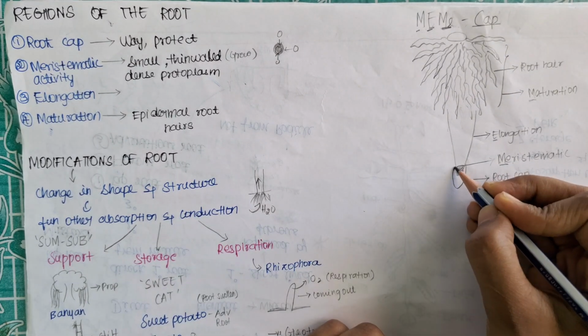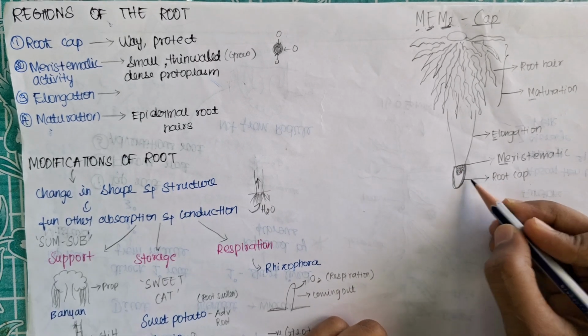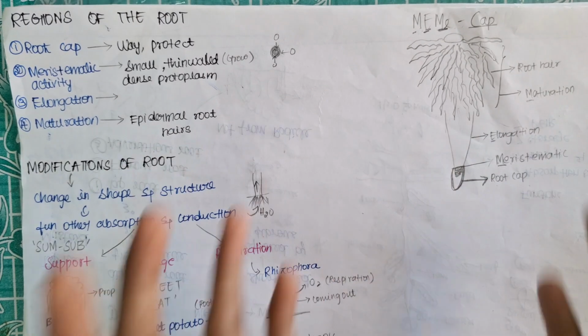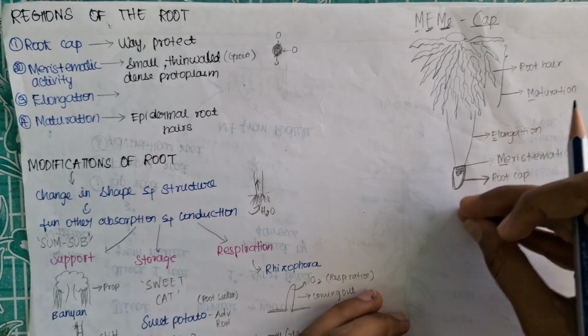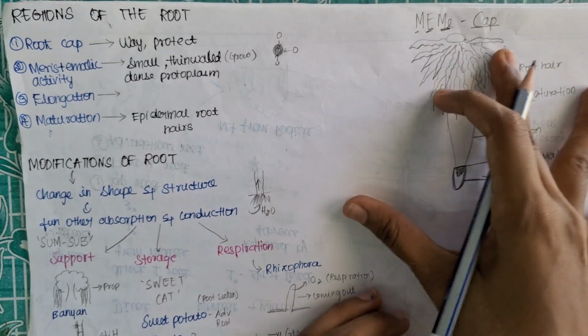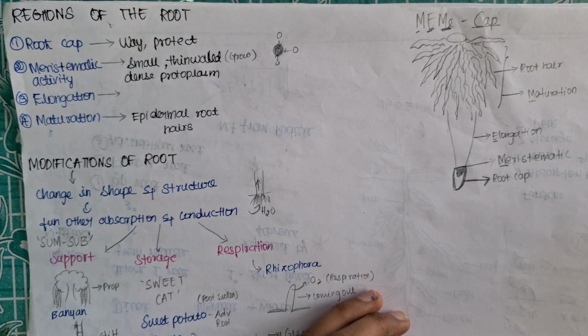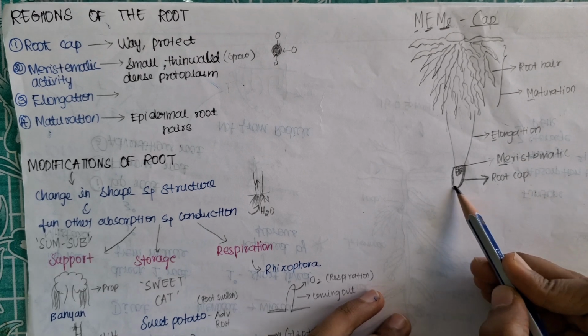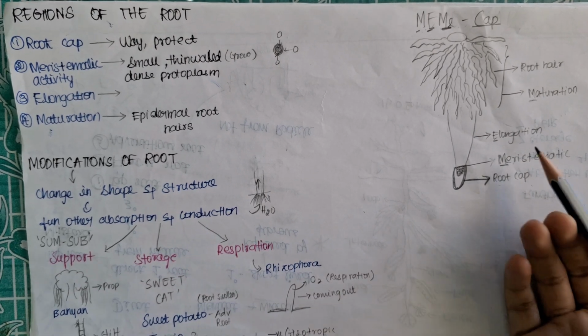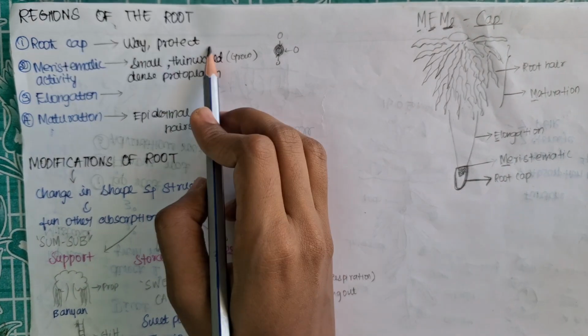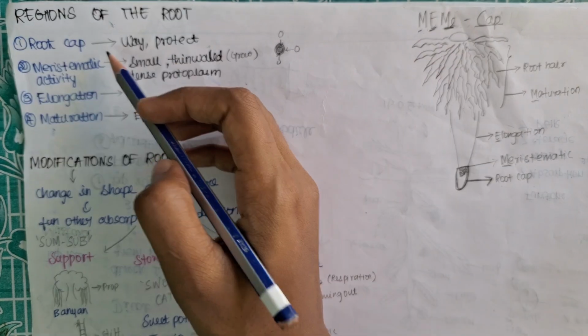So at the bottom, firstly we do have something called the root cap, a capping of your root to protect it. At last we are having a cap to protect the root. So this is called your root cap. At the bottom it is there. So what is the function of it? As I said, to protect the root, and also to make way.